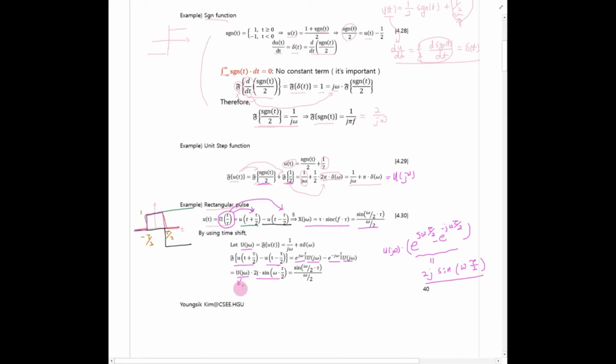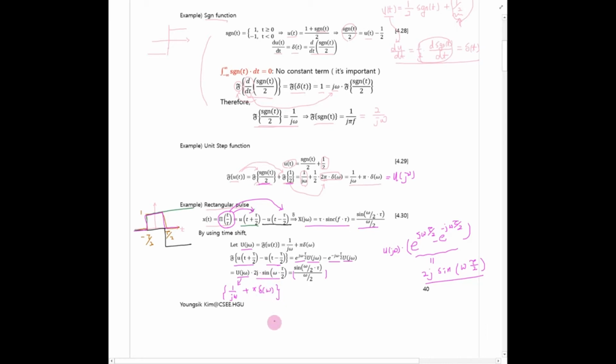Okay, this is it. It can be expressed in this way, but U(j omega) can be given like that: 1 over j omega plus pi delta omega. So if you multiply this by 1 over j omega, it will give this result. What about this one? You can think that this part becomes a real number, but this one becomes an imaginary term, 2j times sine.